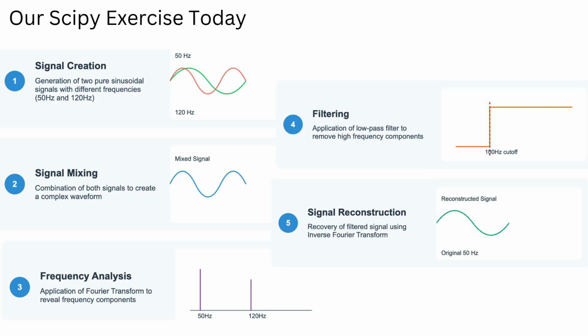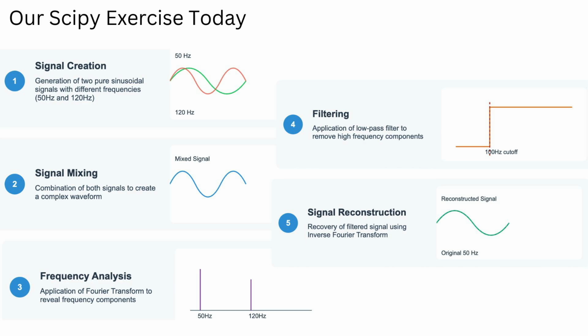We will just add up these two signals, and then we will compute the fast Fourier transform of our mixed signal, and that should show us two peaks because we mixed the signal with two different frequencies.